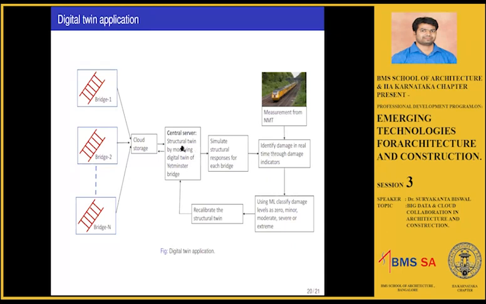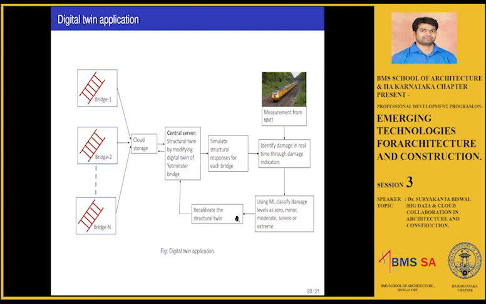From the structure twin, we have some responses from the FE model. Now we have measurement on bridge N. If there is a change in response, based on the changes we can create damage identifiers, and based on those damage identifiers, we can use a machine learning algorithm to classify damage, whether level 0, very small, minor, moderate, severe, or extreme.